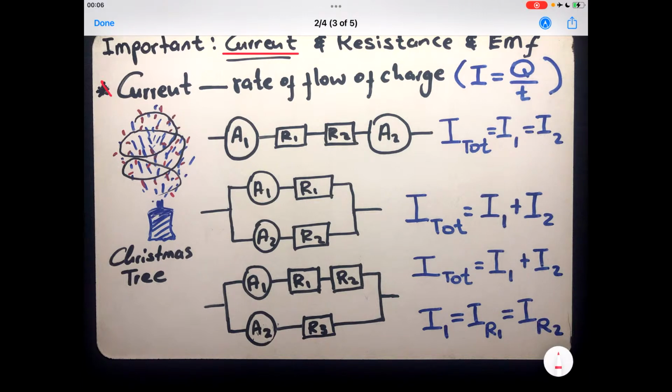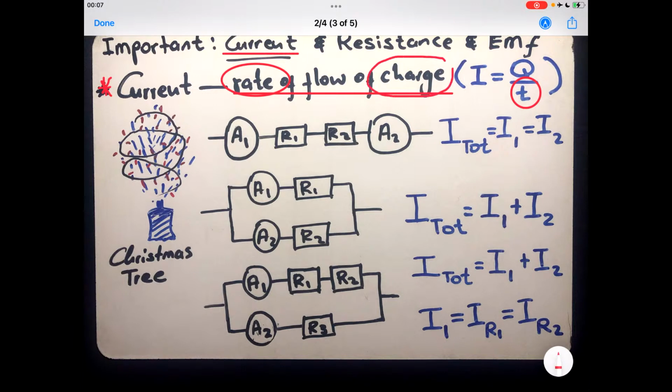The current, honorable members, simply refers to the rate of flow of charge. Remember, at all times, the word rate means over time. The rate means whatever over time. In this case, the whatever is the charge.